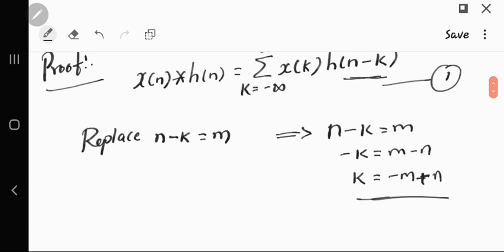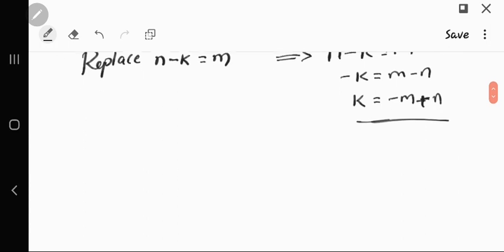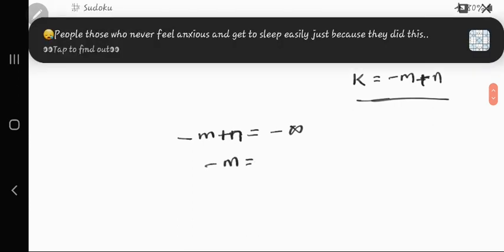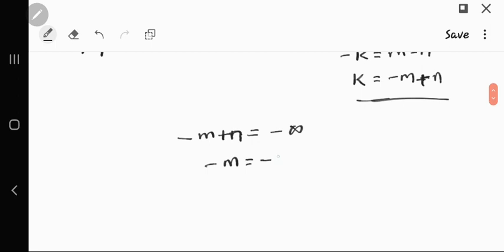What happens to this limit? k is equal to minus m plus n. If I substitute that, for the lower limit, minus m plus n is equal to minus infinity, so minus m is equal to minus infinity minus n.